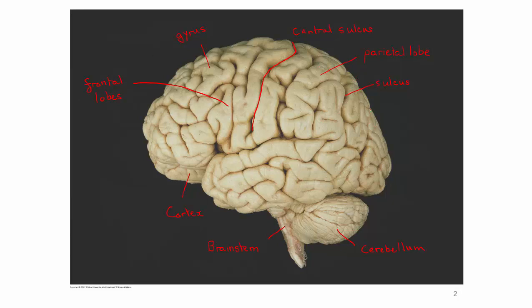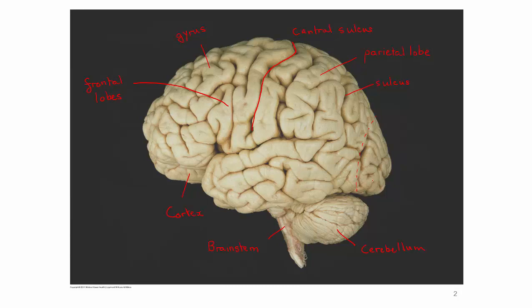Now, where's the occipital lobe? Well, there's no clear demarcation, but somewhere around here, that's the occipital lobe, maybe actually a little bit further back, in fact. So let's erase that. It's probably around here somewhere.